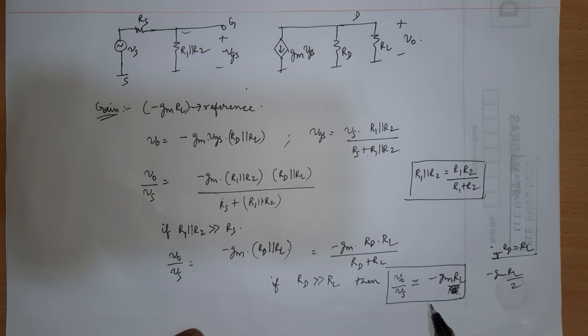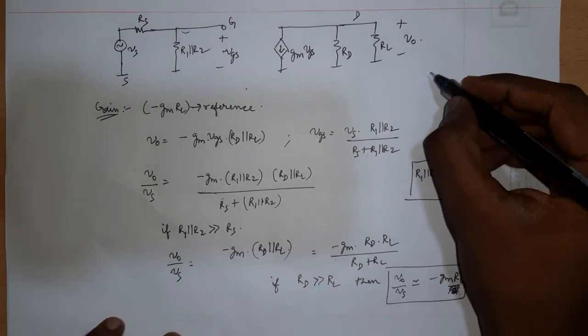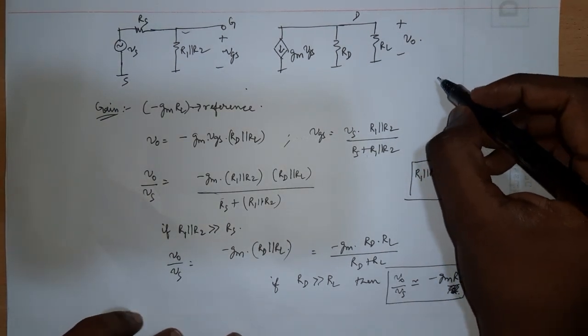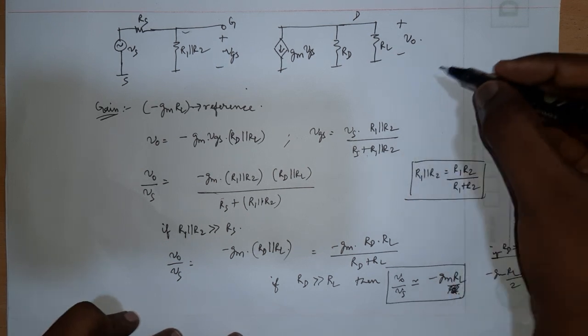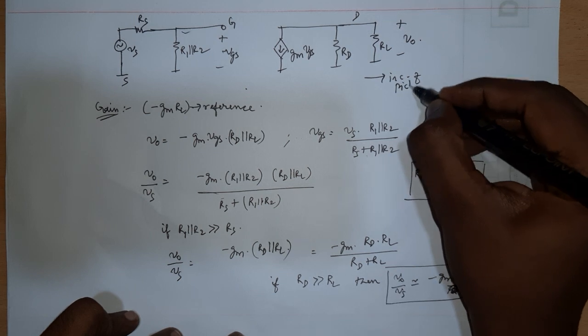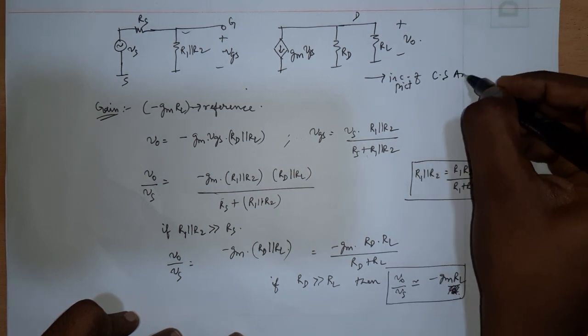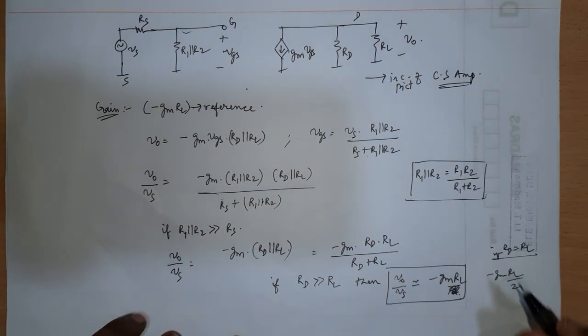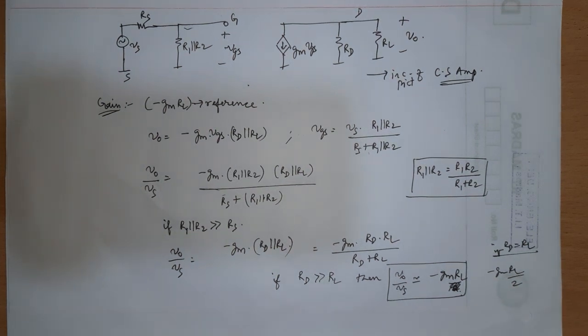And if you can choose RD much greater than RL within the allowable range of the supply voltage, then you are free to achieve a gain of minus gmRL. So minus gmRL is something you keep in mind, which is the gain of the common source amplifier, and this is the incremental picture of the common source amplifier. So that winds up our discussion on the common source amplifier.